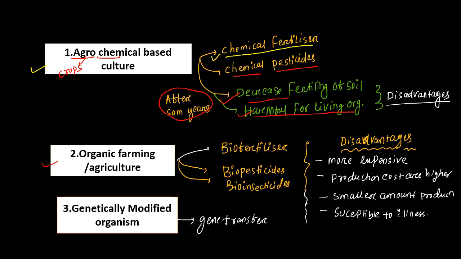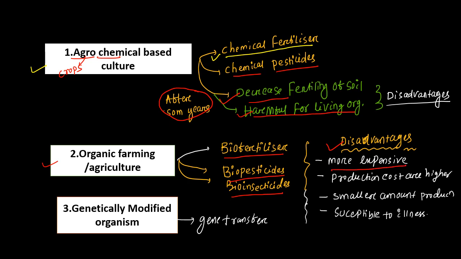In organic farming, to produce organic vegetables and fruits, we use organic biofertilizers like neem coated and plant based ones, using biopesticides and bioinsecticides.